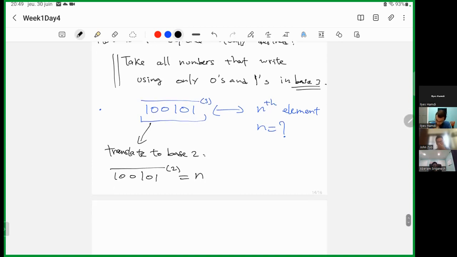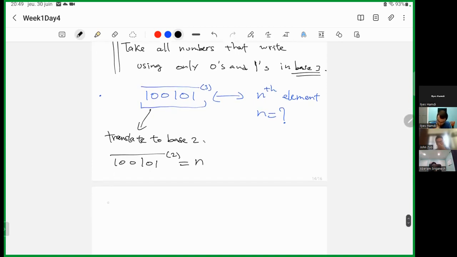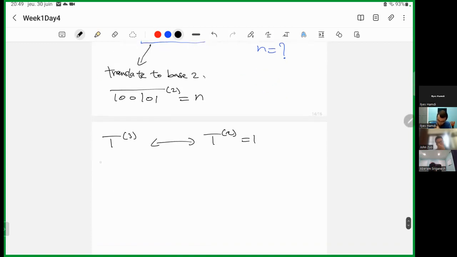Why? Because my first element is 1, remember? So my first element will be this one. If I translate it to base 2, this is equal to 1, so it's the first element, right? Now if I look at my second number in base 3, it's going to be 1, 0.